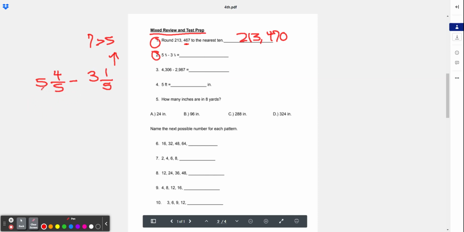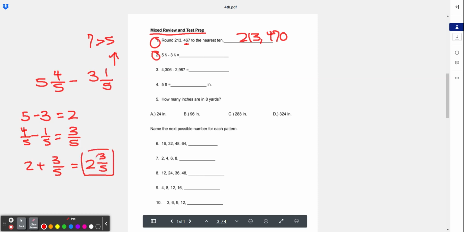So we're going to subtract 3 from 5, which is 2. And we're going to subtract the fractions, that is 3/5. And when we combine them, we get 2 and 3/5 as our answer for number 2.